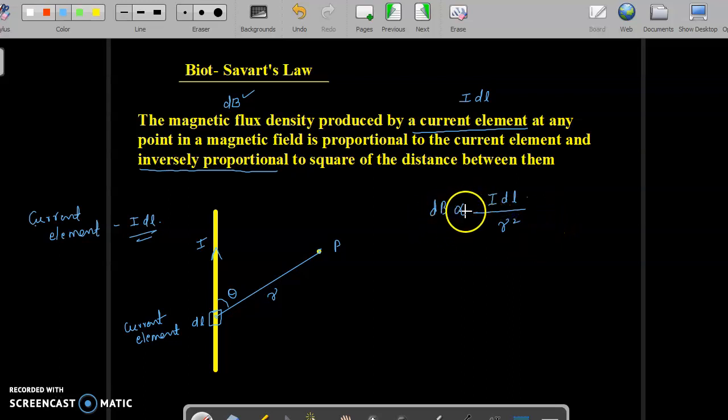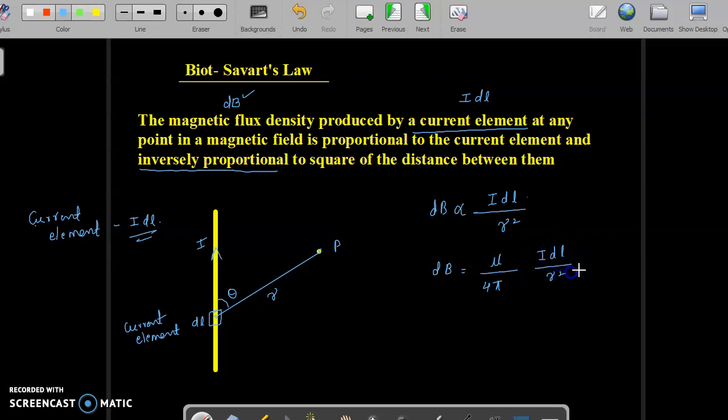So dB becomes I dl over r square. If you change the proportionality sign, it becomes mu by 4 pi, I dl over r square.